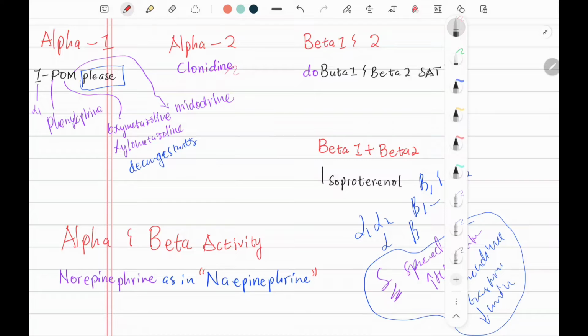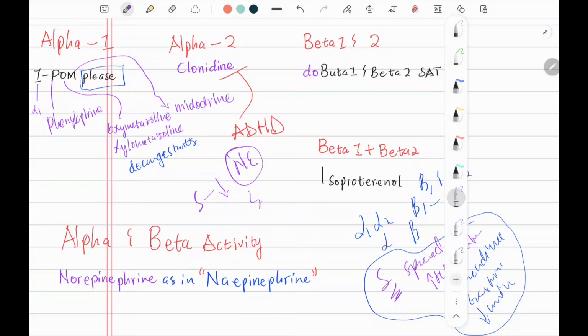So clonidine is usually used in ADHD. Now what is really interesting about this alpha 2 receptor, or the alpha 2 drugs that act on this receptor, is that we know, like I said, the sympathetic is a system of speed, right? But this alpha 2 receptor tends to oppose the action of the sympathetic, which is the speed. Okay, most of the time we know that there is a release of norepinephrine from this sympathetic system.